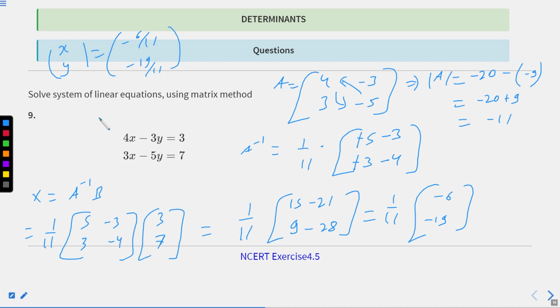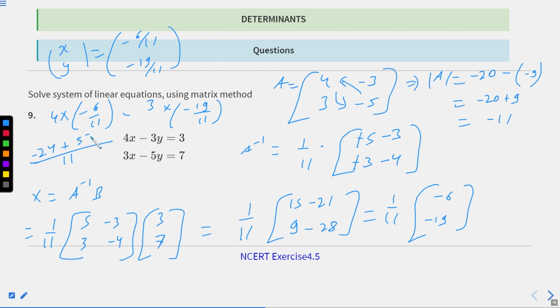Now let us verify that 4 times x, which is minus 6 by 11, minus 3 times y, which is minus 19 by 11. Let's solve it. I'm just directly evaluating. It will be minus 24 plus 57.